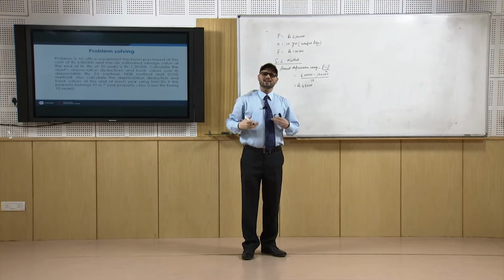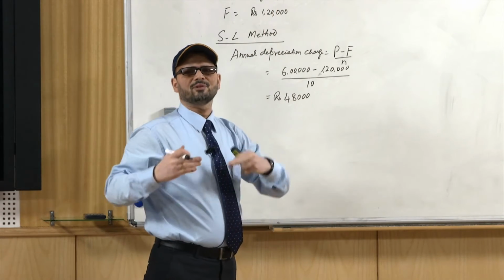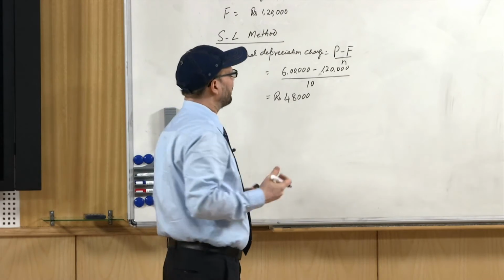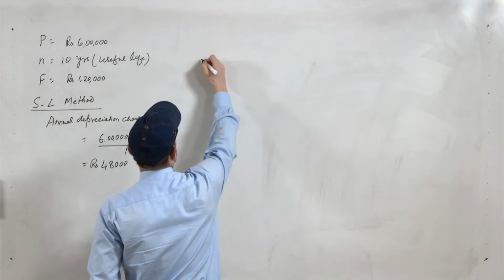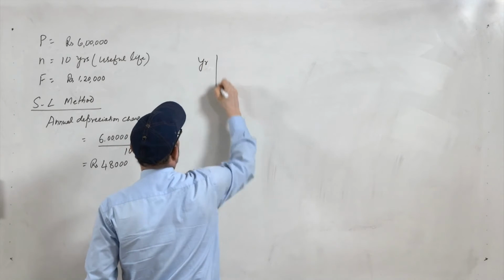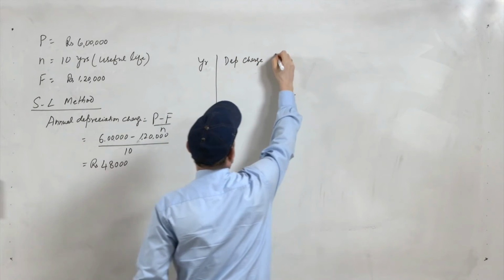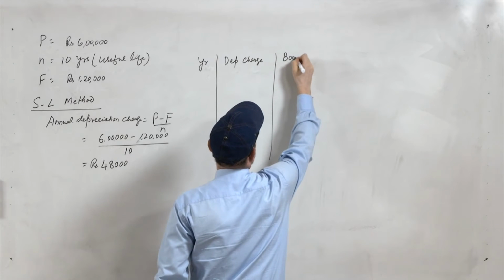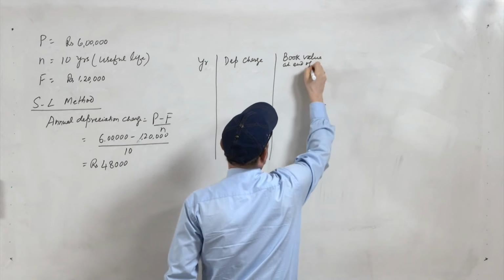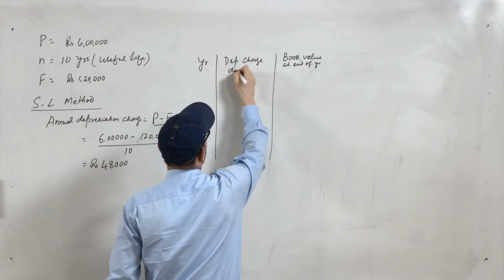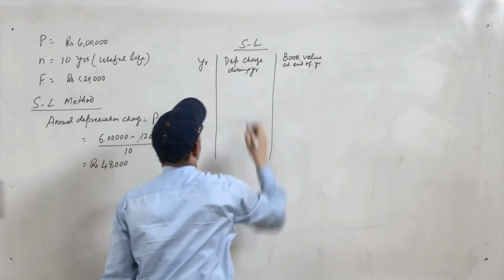So, every year we can decrease this amount from the book value at the end of the previous year and we will get the values. So, if we calculate the depreciation schedule, with year, depreciation charge during year and book value at end of year, this is the straight line method.